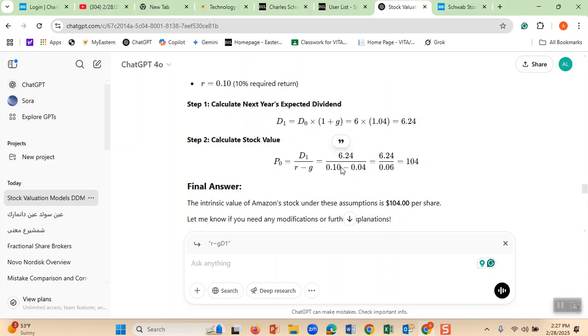And then we put our expected rate of return, which is 0.1, and we subtract our growth rate from it. And in this case, the value of stocks of Walmart will be 104. This is a higher value because we have to pay more money for the stocks if the dividend it is giving us increases every year.